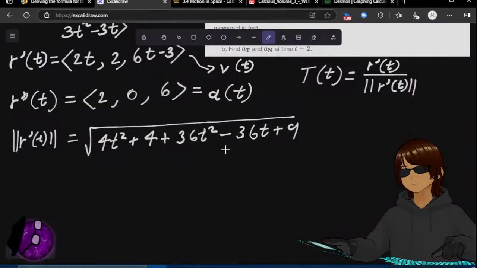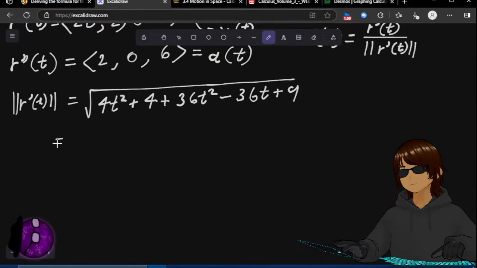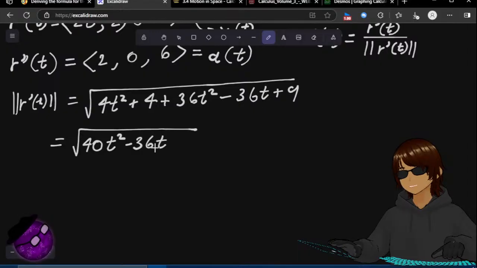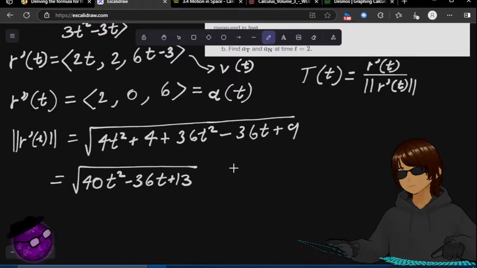No, it's just general. And then 13. And then the tangent vector would be all of this divided by this.